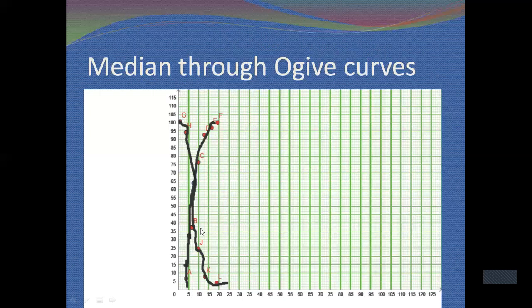Once again, I am telling you, children, I didn't draw it here, but please do this. After constructing the less than cumulative frequency curve and the more than cumulative frequency curve, where the two curves meet at the point of intersection, you draw a straight line directly towards the x-axis. The point where that line touches the x-axis is the median.